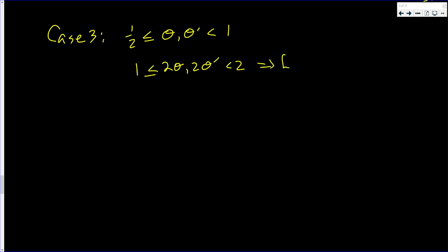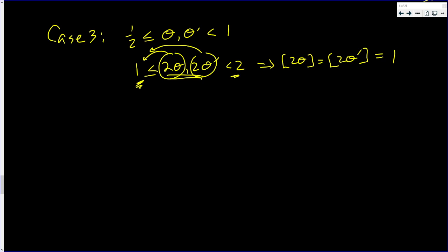That means the integer part of 2 theta and the integer part of 2 theta prime are both 1. Each of these is between 2 consecutive integers, so the greatest integer of each is the smaller number, which is 1.